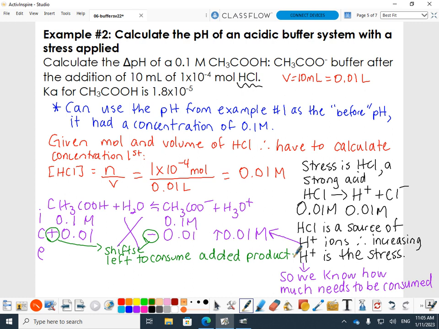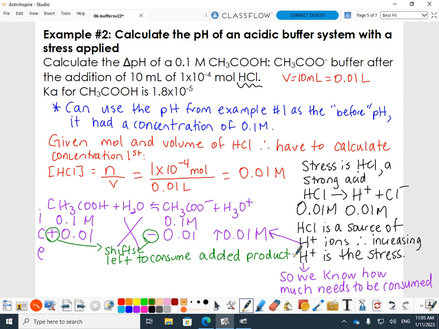This is another sort of background thing: there is definitely a buffer capacity. You can't just put in 3 liters of strong acid and expect your buffer to work, okay? The number that you subtract by or add by should be less than the initial number, which I will have made sure works.